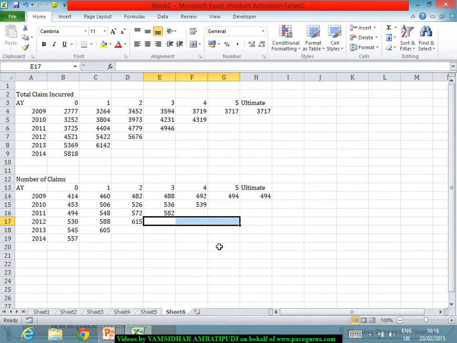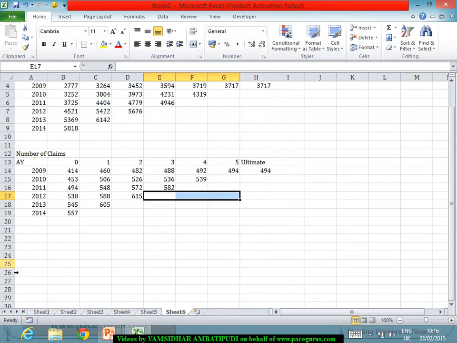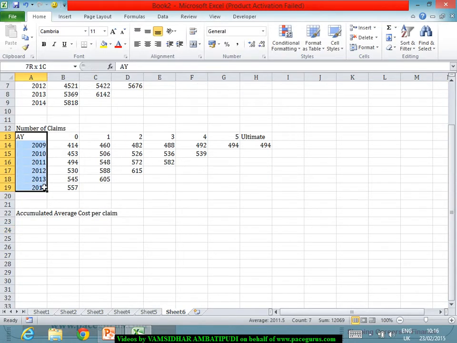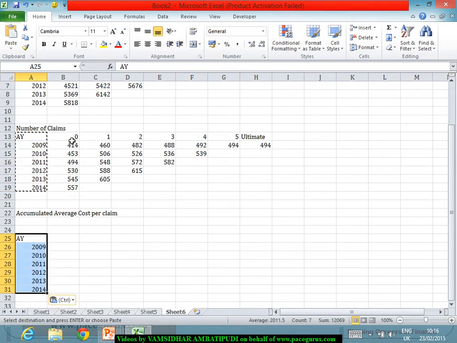Now, through this average cost per claim method, the first thing that we are looking at is the accumulated average cost per claim. In the first step, I'm looking at accumulated average cost per claim. And the way I'm looking at that is, all right, this remains the same.